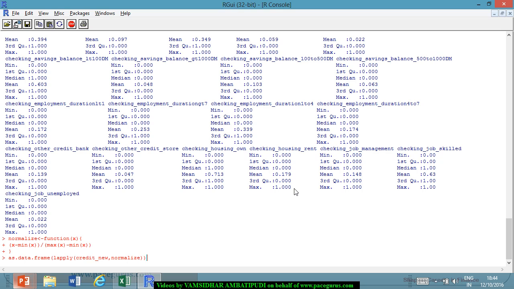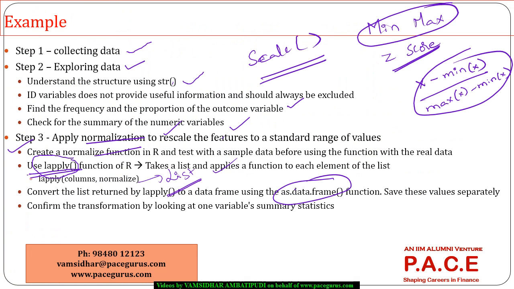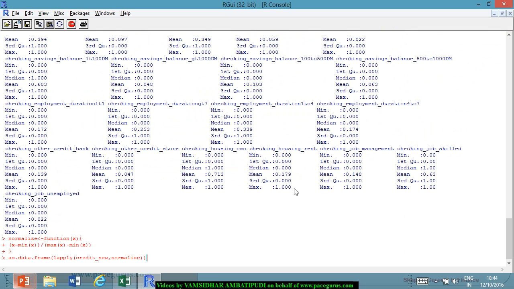And it's better to store this as a new variable rather than simply displaying it. It's better that I store this as a new variable so that my existing data is present and my new data is also present.